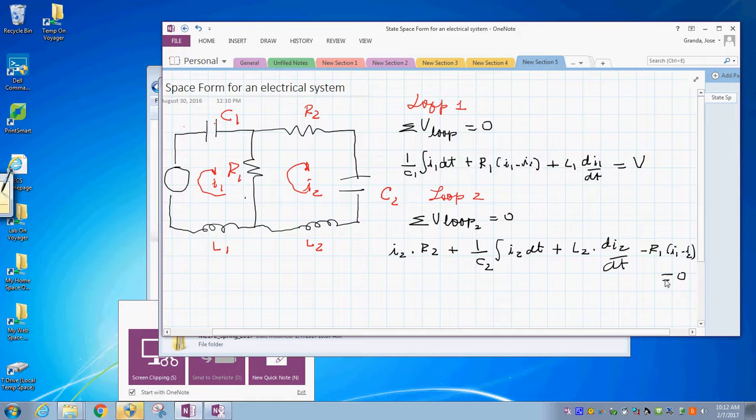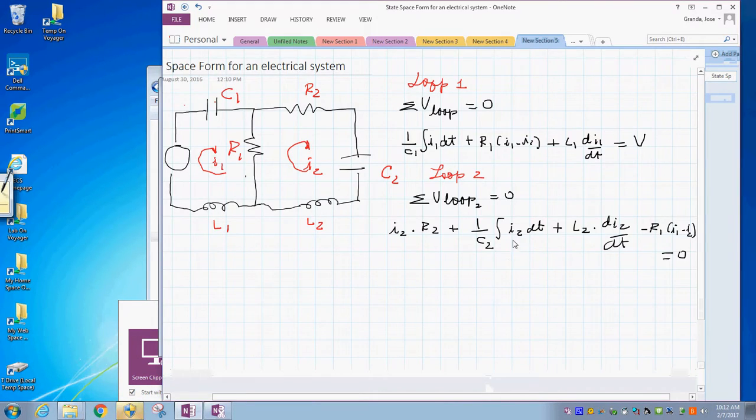Yeah? So these are the two differential equations that I have. Still, they are not in the form that I would like. Do you see our problem here? While this was easier to derive, this has an integral and a derivative, and this other one also has an integral and a derivative. It's not very nice.